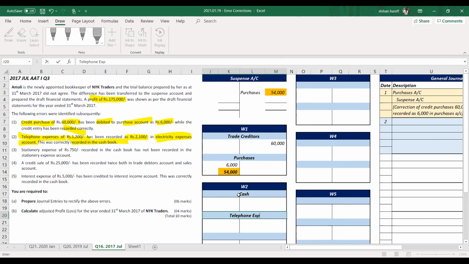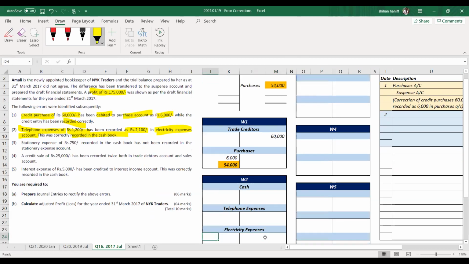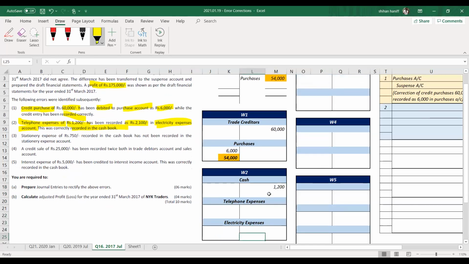Telephone expense should be debited. But this was recorded in electricity expense. Cash is correct, 1200. Recorded in electricity expense account as 2100.